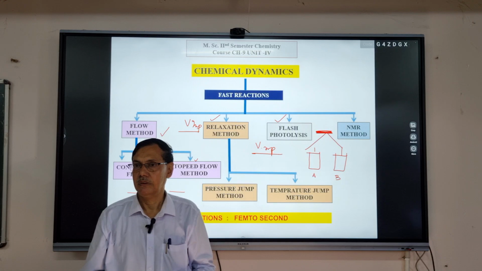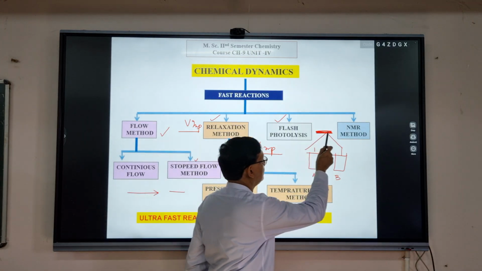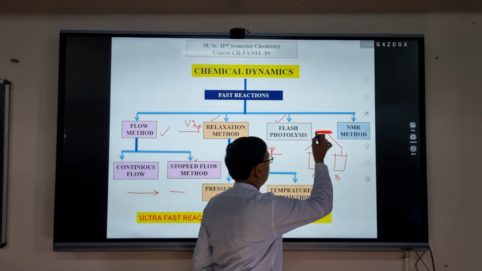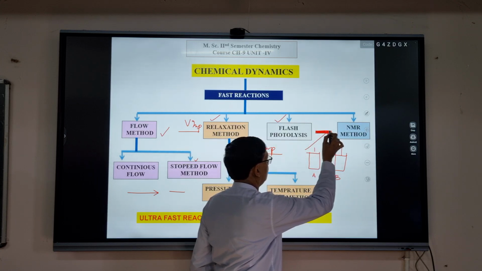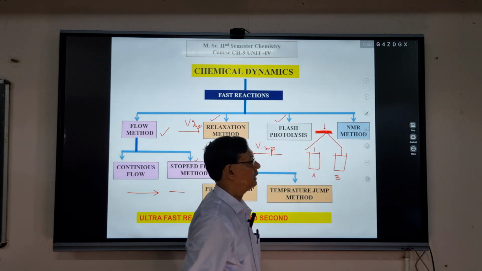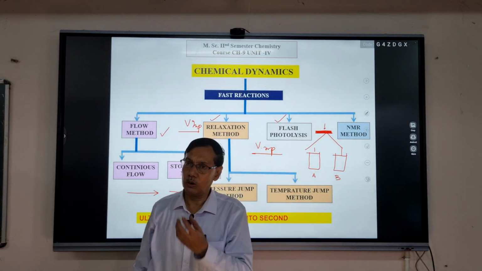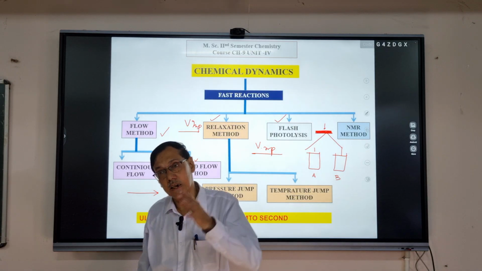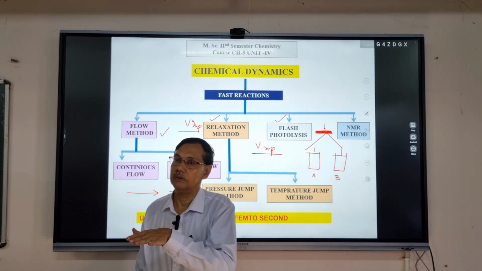That is the system. And then they mix automatically, and like in your hydrolysis of methyl acetate, you measure the conductance, the absorbance, the fluorescence, or the chemical shift, with respect to time.